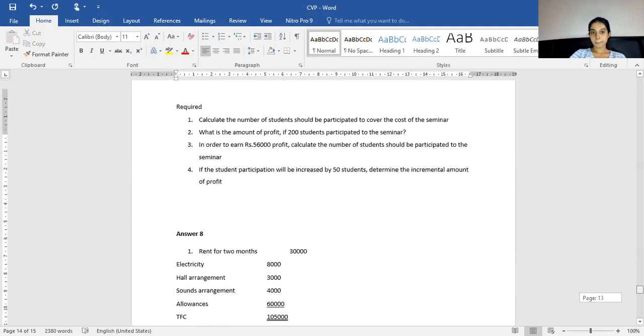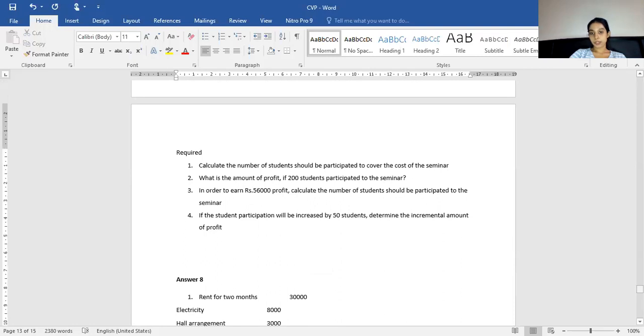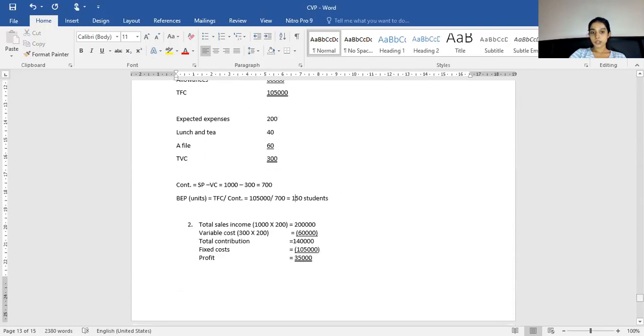Okay. What is the amount of profit if 200 students participate in the seminar? So you can calculate it like this. Total sales income is 1,000 per student into 200. It is 200,000. Variable cost per student is 300, and that into the number of students, 200.